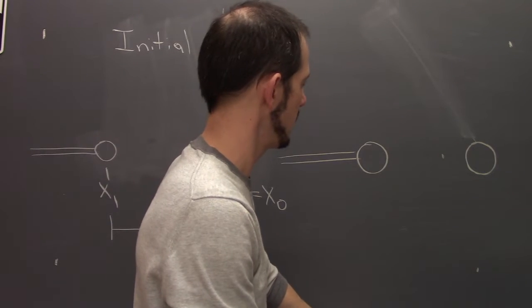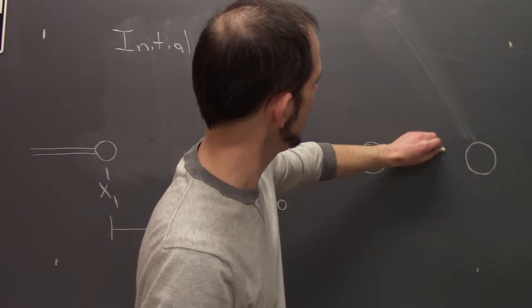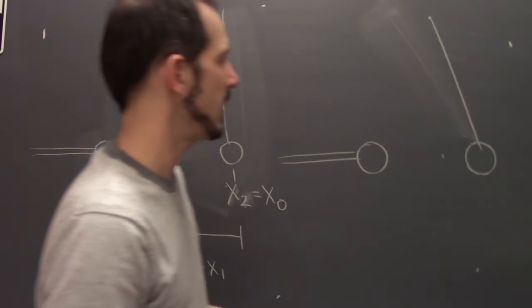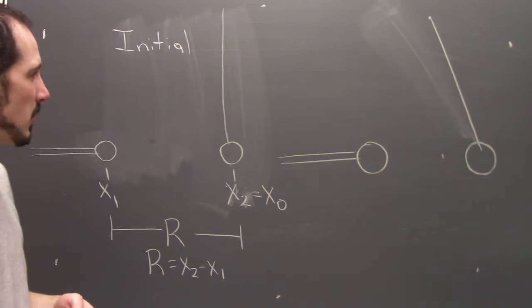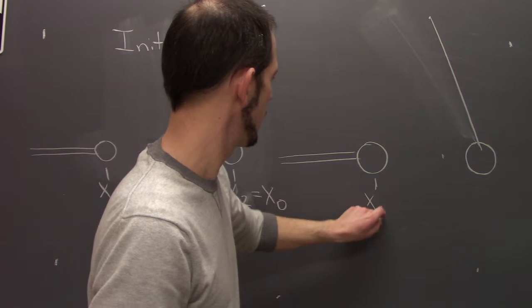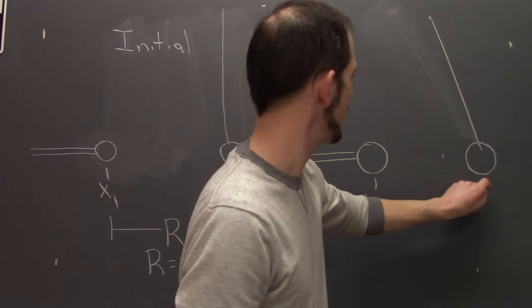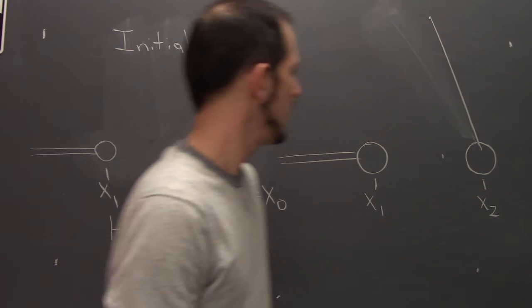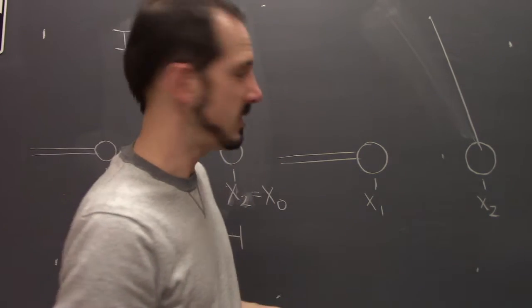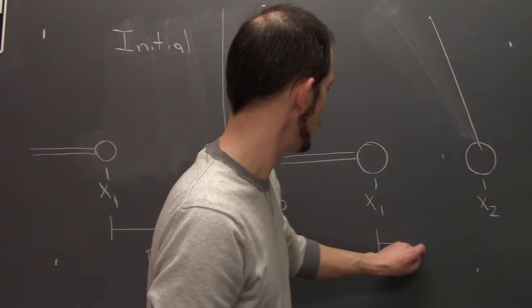If x0 was originally here, then that means it was straight above. That's a bit more realistic. So again, we're going to have some position x1. This is now going to be our position x2. The separation between x1 and x2, still r, we referred to it before.